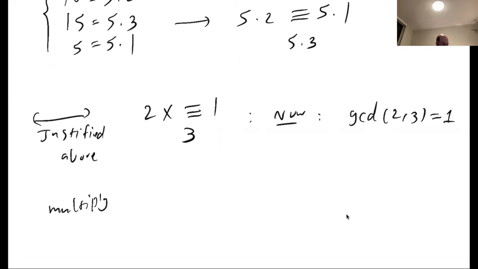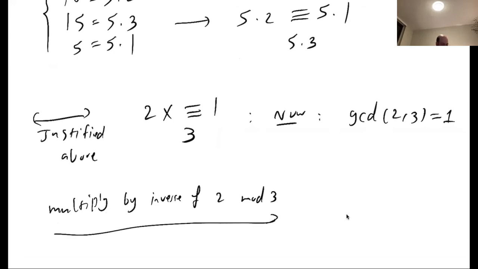We have to multiply both sides by the inverse of 2 mod 3. Namely, what is the inverse of 2 mod 3?